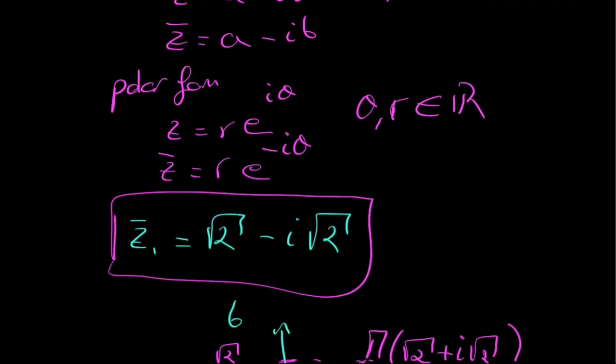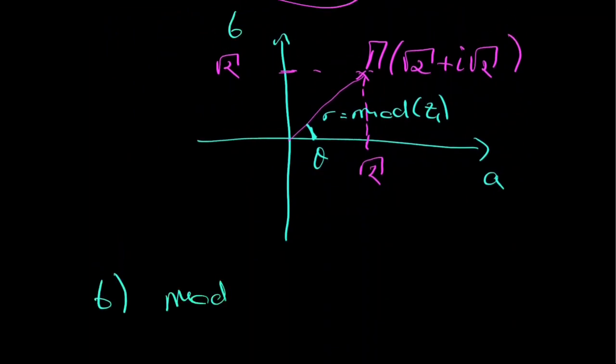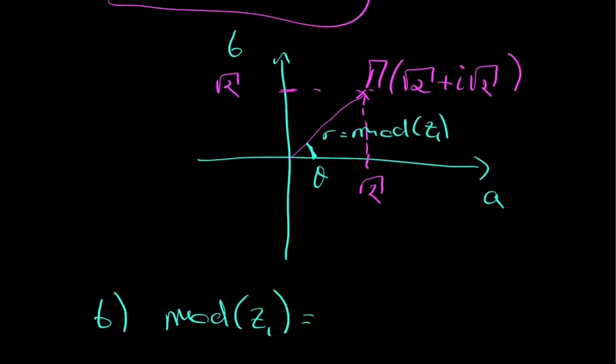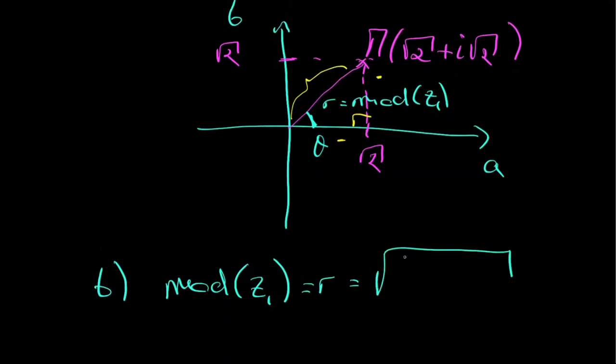So the modulus, mod of z1, we can find it using the Pythagorean theorem on this plane. So let's use it with this side and this side because we want to find the hypotenuse. So mod of z, let's name it r, is equal to square root of the real part of z squared plus the imaginary part of z squared.